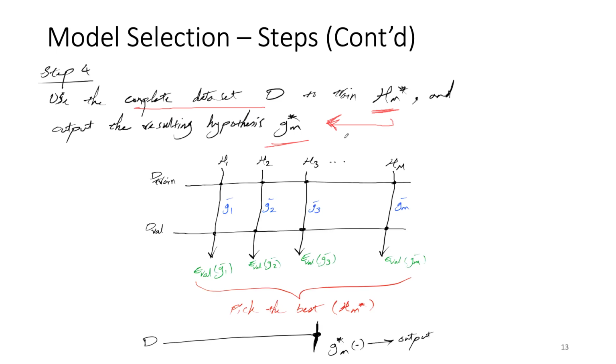All right? So the diagram goes as this. You have several H's from 1 to M. For each of them, you're going to train on your training data, dtrain, and then each of them will output one hypothesis of their own, G minus 1, G minus 2, G minus 3, G minus M, and then you use the validation set in order to bring the validation error here.